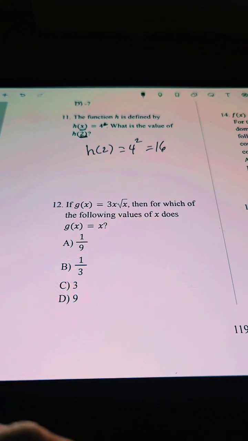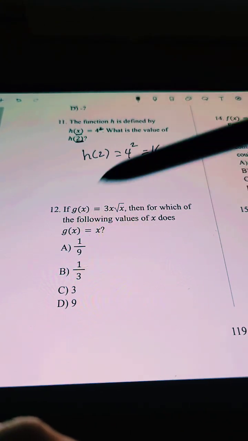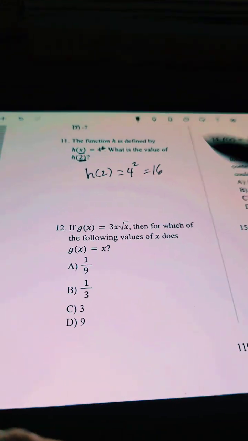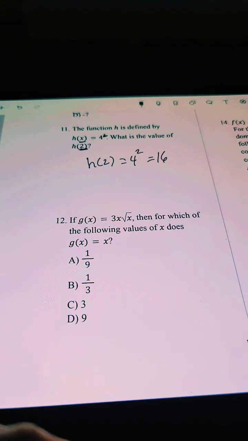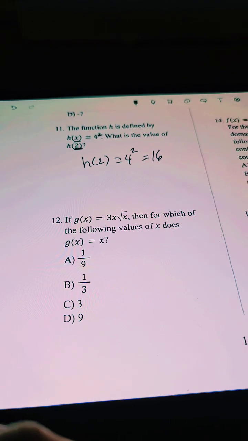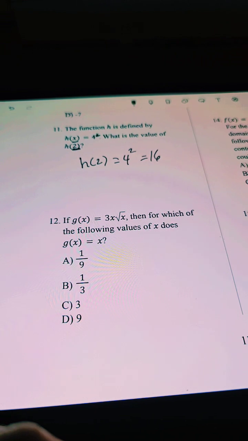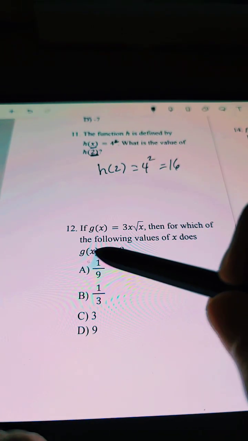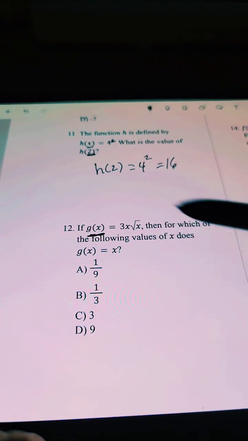If g of x is equal to this, then for which of the following values of x does g of x equal x? Okay, so again, I would say most of algebra and pre-algebra is just finding patterns, like a puzzle, replacing things. So g of x is equal to x, so in its place we can just put x.